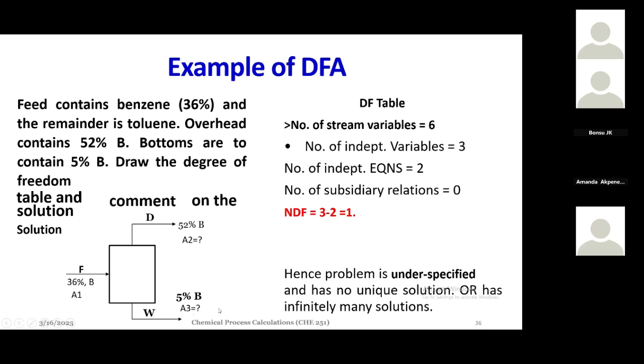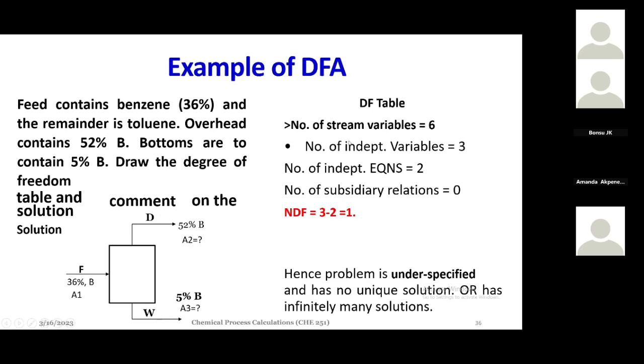So A2, A3, A1, they are all known. So the remaining unknown variables are F, W, and D. So there are three independent variables here. But the number of stream variables here are 6, which are F, A1, W, A3, A2, and D.